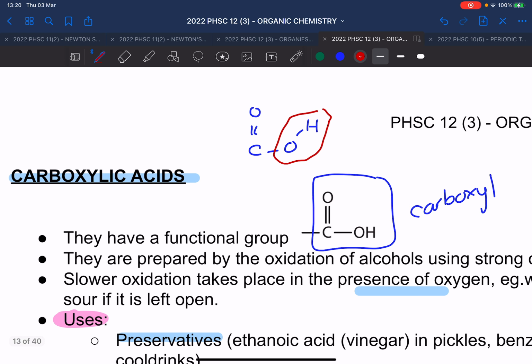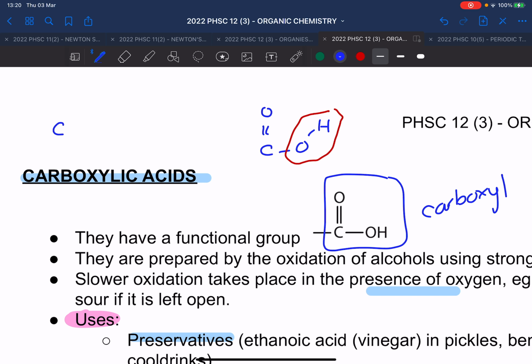Now, with the alcohols, when I drew it, I drew it upside down. I'm going to do the same here.